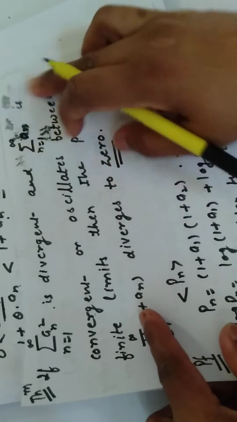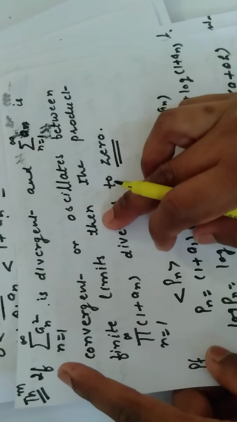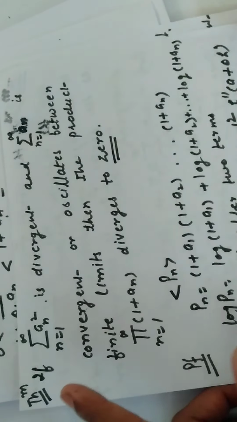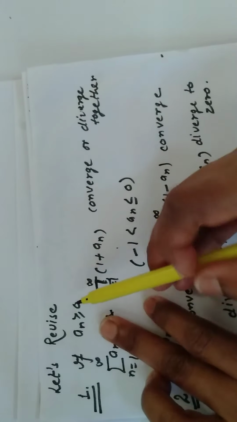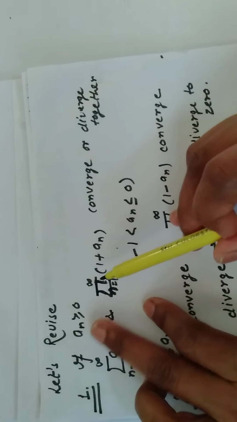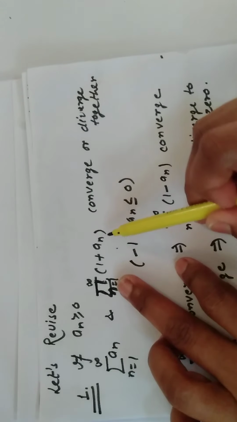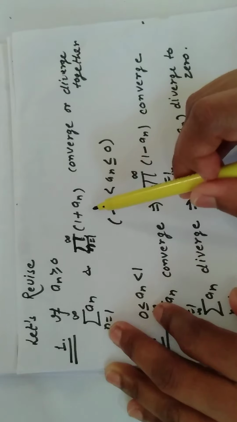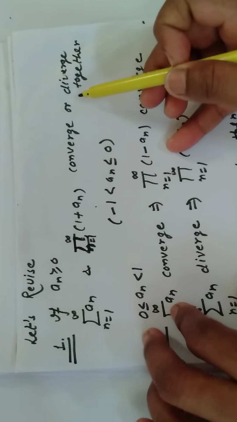So is it clear that if summation n square is divergent and summation n is convergent or oscillates between finite limits, then the product diverges to 0. So in all the theorems which we did for the convergence of infinite products, let us revise all these, because for numerical problems we have to remember all these things. First, if an is non-negative after converting the factors of the product into the form 1 plus n, then the series summation n and the product 1 plus n both converge or diverge together.